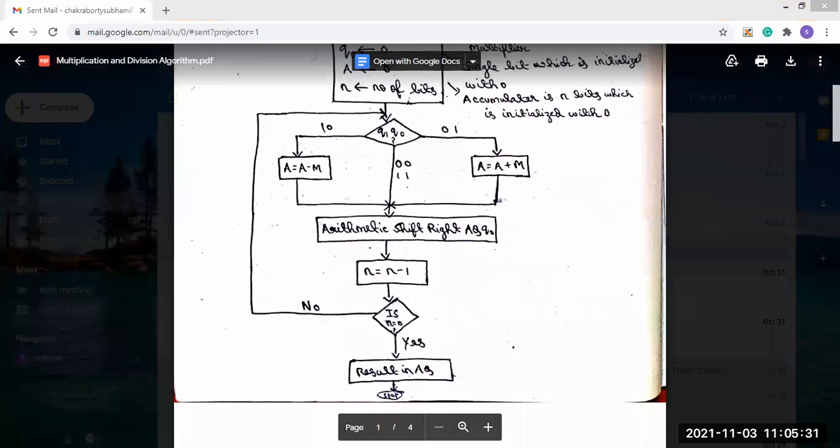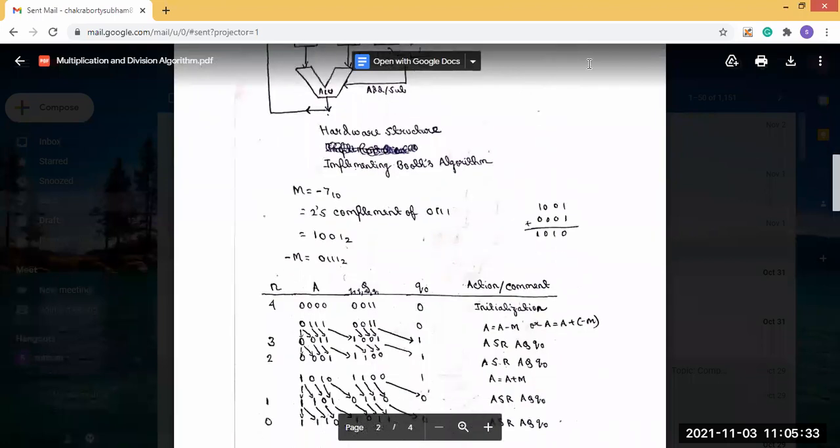Now the A value is 0, 1, 1, 0, 1, 1, 0, 0, 1, 1, and 0, after performing A equals A minus m. After that we perform the arithmetic shift operation on A, Q, Q0, and decrease n equals n minus 1, according to the flowchart.